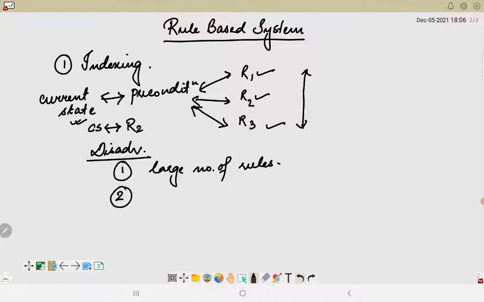The next important problem is that it is not always immediately obvious whether a rule's preconditions are satisfied by a particular state, right?